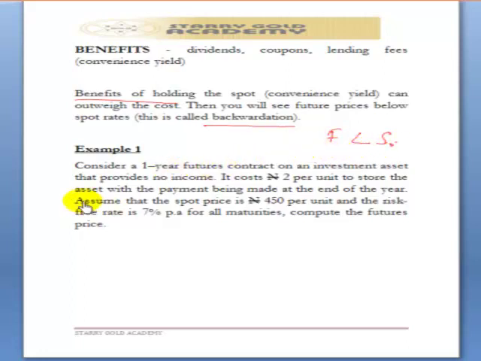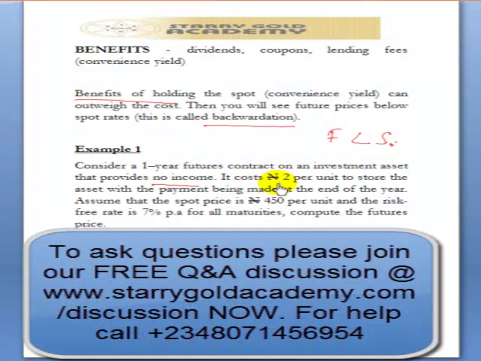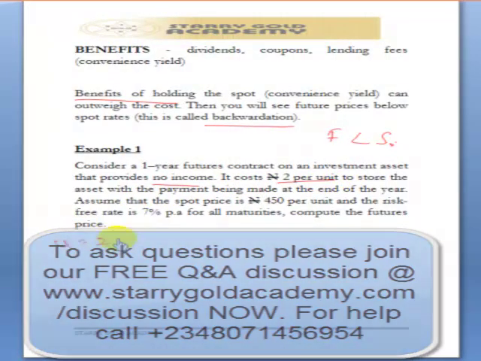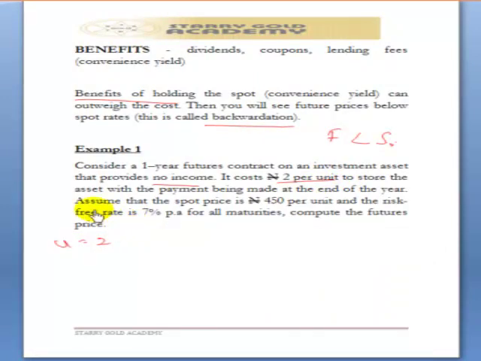Let's look at this example. Consider a 1 year futures contract on an investment asset that provides no income, and it costs 2 naira per unit to store. Meaning our U is 2 naira, to store the asset with the payment being made at the end of the year.